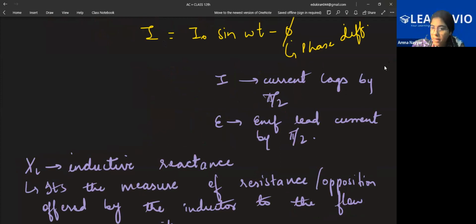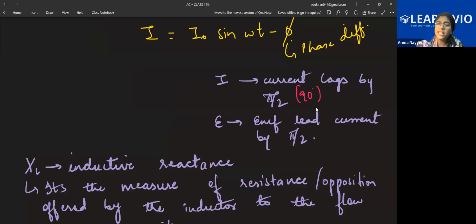What is meant by pi by 2? Which angle is this? What is the value in degrees? 90 degrees. Correct. This is simply 90 degrees. So this point should be remembered by you.